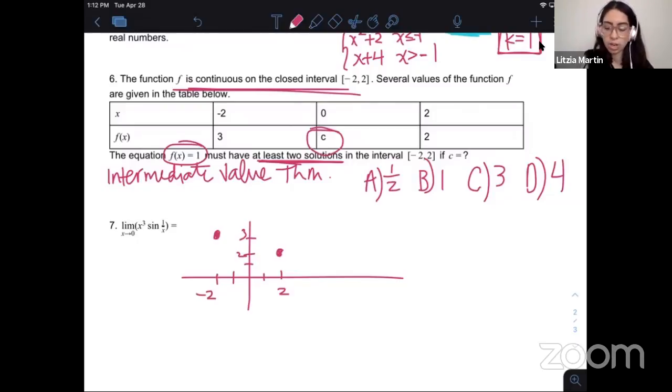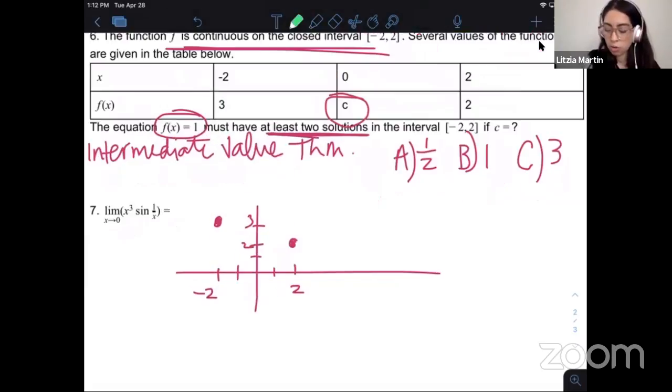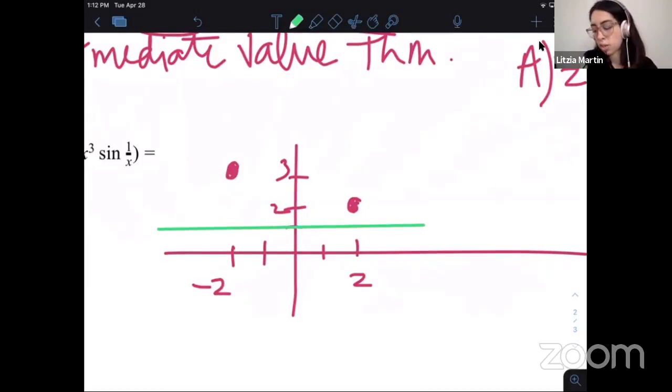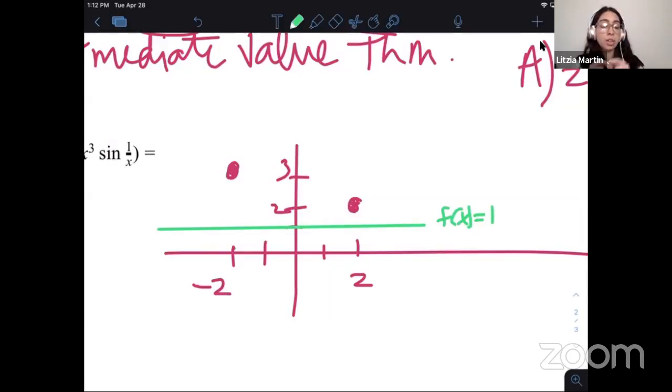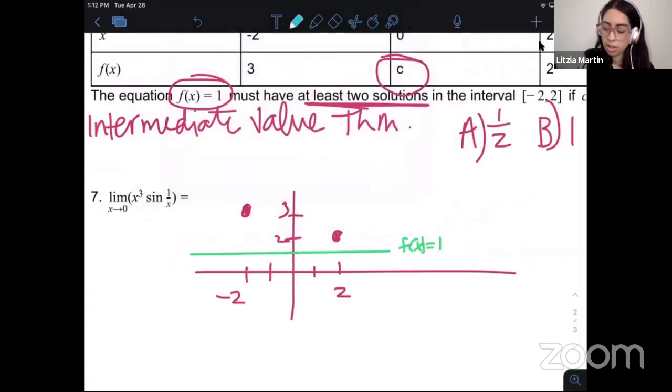So actually, sorry, earlier I misspoke. We're trying to look for when it's crossing through this line, because this is when f of x is equal to 1. When is that going to cross through twice, right? So if I were to draw something like this, that wouldn't work.